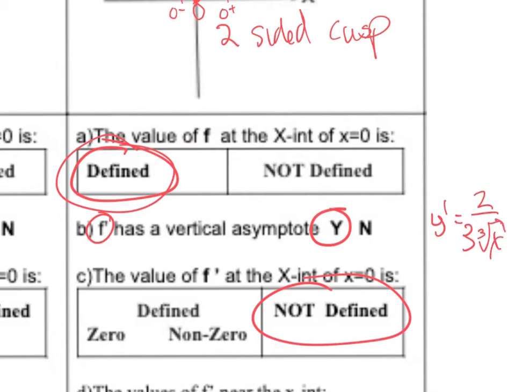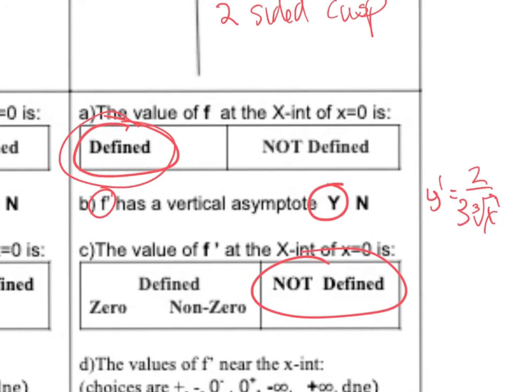Definitely there's a vertical asymptote. X can't be 0, right? On either side, the slope is approaching negative infinity on one side, positive infinity on the other. The value of f prime at the x-intercept is not defined, because x can't be 0 in the derivative.